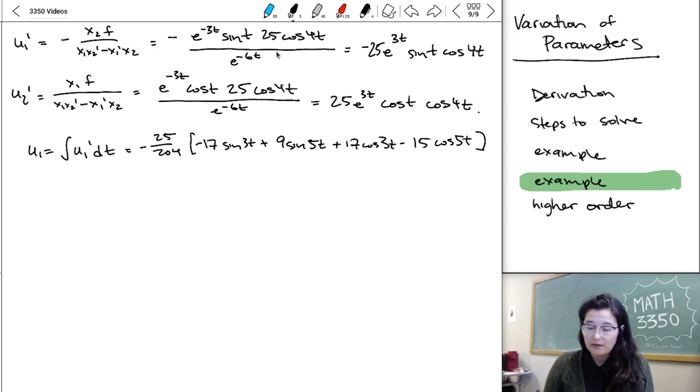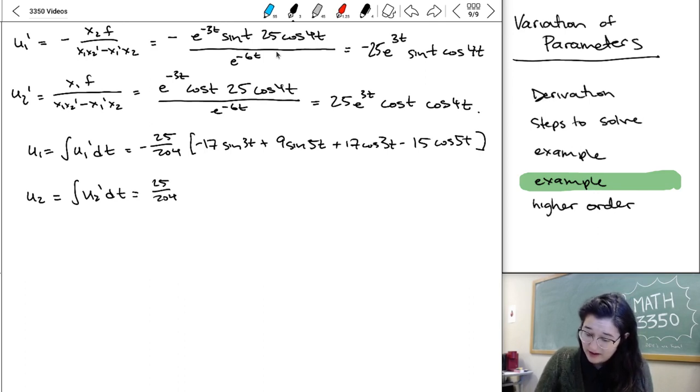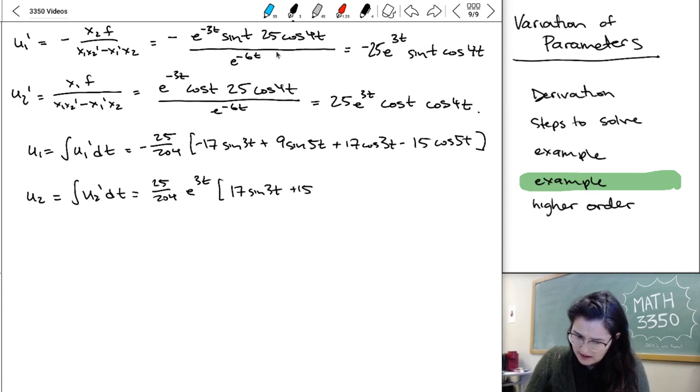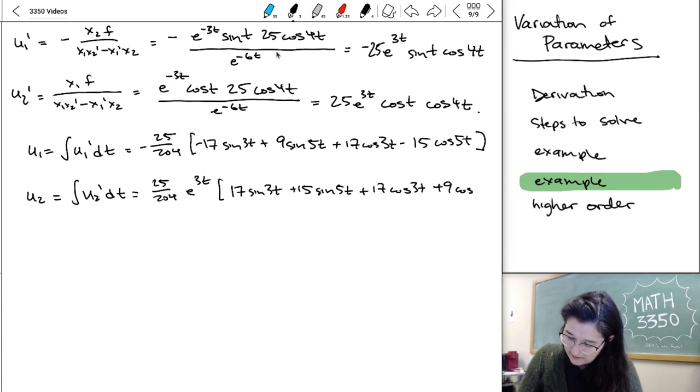Which is a mess and would not be pleasant to integrate. u2 is the integral of u2 prime, which is 25 over 204 e to 3t times 17 sine 3t plus 15 sine 5t plus 17 cosine 3t plus 9 cosine 5t.